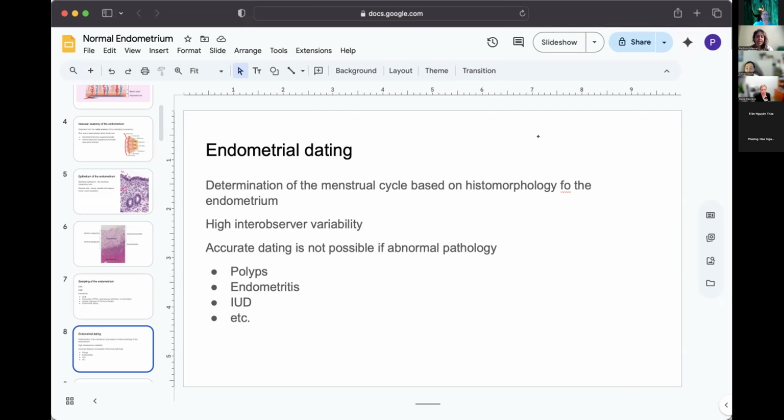And a lot of times accurate dating won't be possible because of either polyps or endometritis, or the patient has an intrauterine device for birth control or for managing bleeding. So there's a lot of things that get in the way of determining accurate endometrial dating. And at least in my practice, I would only give it if the clinician's requesting it. Then that's a reason to look for it.